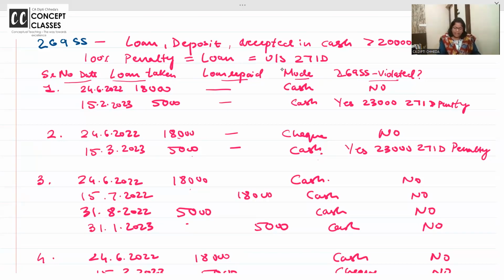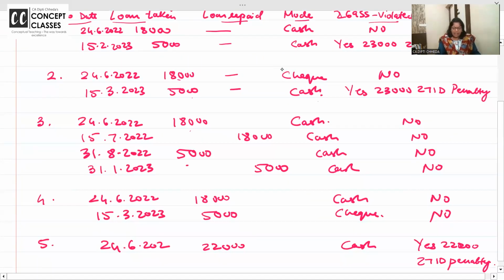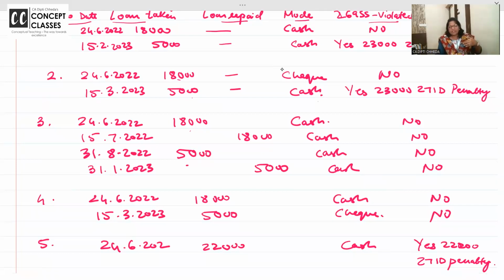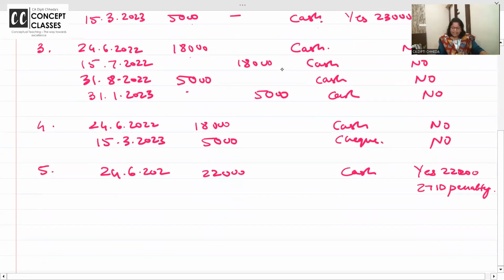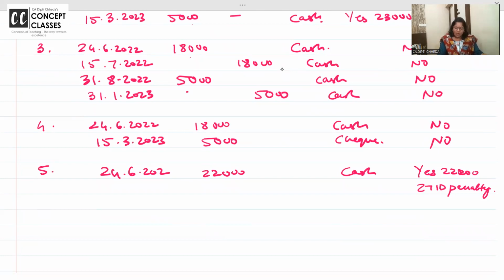Here 18,000 is taken by check, but 5,000 in cash. So 18 and 5 is 23. Okay. Here 18,000 taken and repaid, no problem. 5 taken and any time your amount was not exceeding 20,000, no problem. 18 in cash, 5 in check, no problem. 22 in cash, first itself violated. That's all for 269SS.